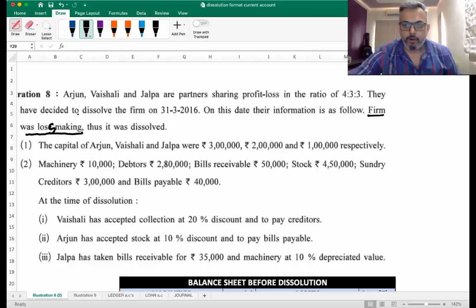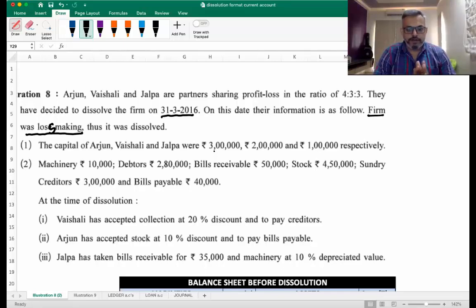Thus, it was dissolved. That is, the reason for closing the business was that this business was constantly making a loss. Now, also underline the date of dissolution. Now, the capitals of Arjun, Vaishali and Jalpa were 3 lakh, 2 lakh and 1 lakh respectively.